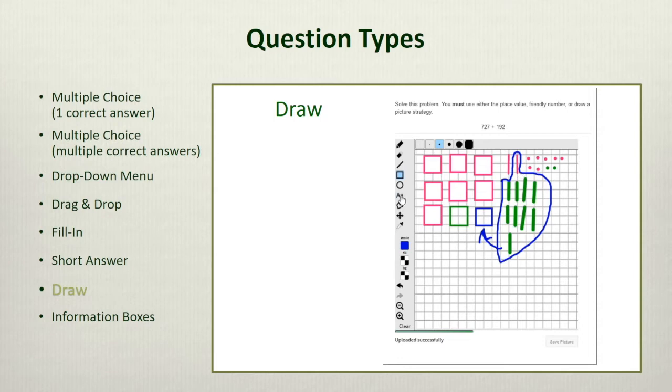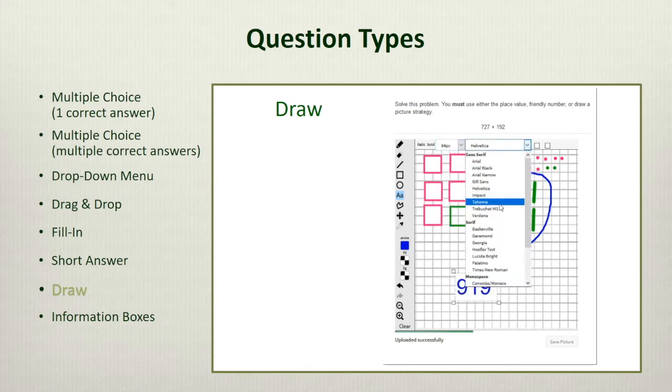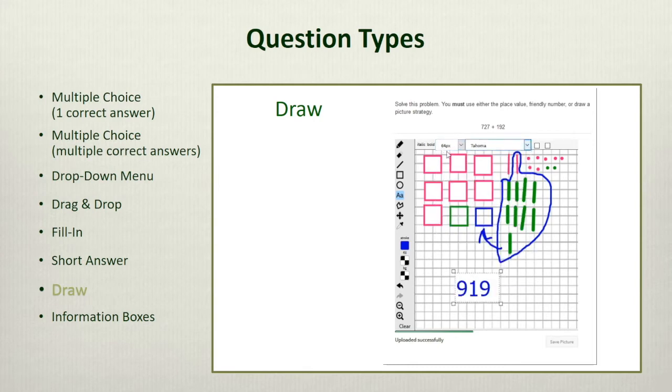I can use this text tool to write the answer. I choose the text tool and click in the document, and I'll write my answer, 919. If that's not big enough for me, I can change the font size. I can also change the font. And there we go. Now I have my answer ready to submit.